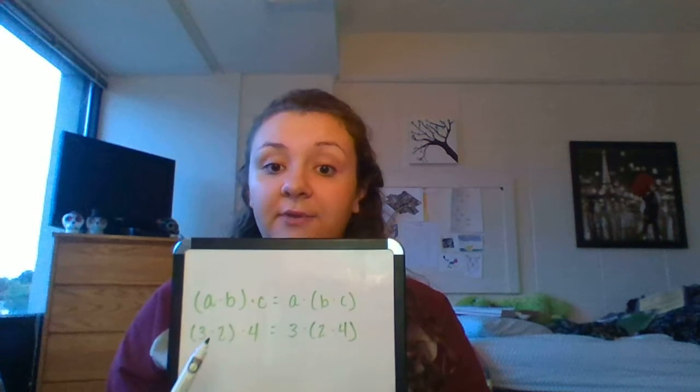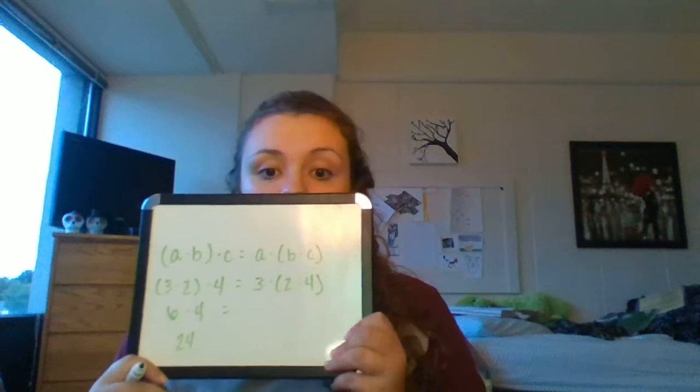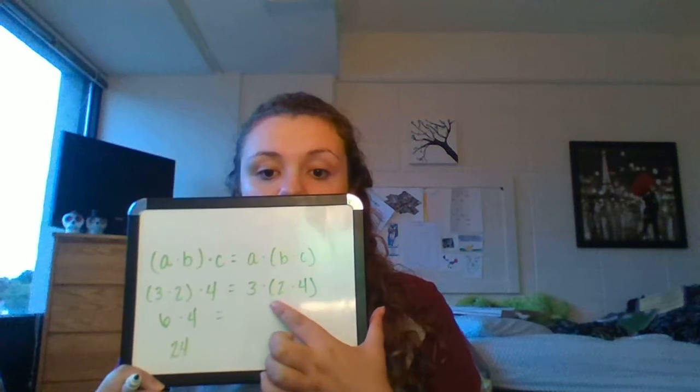Now you always do what's in parentheses first. So 3 times 2 is 6 times 4 is 24. And then over here, we have 2 times 4, which is 8, times 3, which is 24.